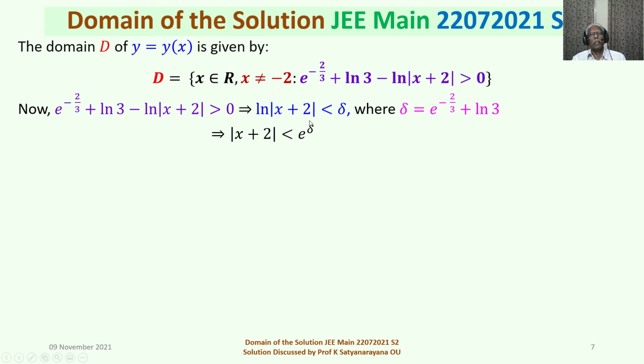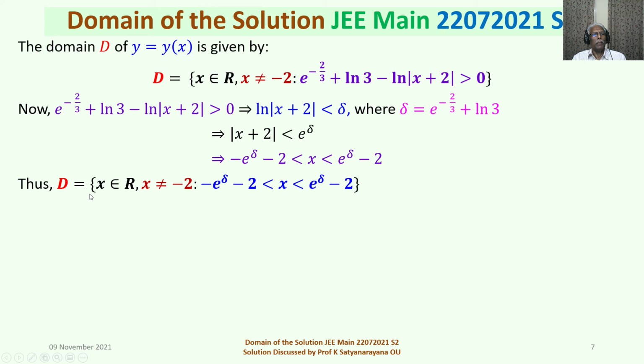e^(ln|x + 2|) is less than e^delta, which implies |x + 2| less than e^delta, and that will imply -e^delta - 2 is less than x less than e^delta - 2. So the domain D will be the set of all those x belongs to R, x not equal to -2, such that -e^delta - 2 is less than x less than e^delta - 2.